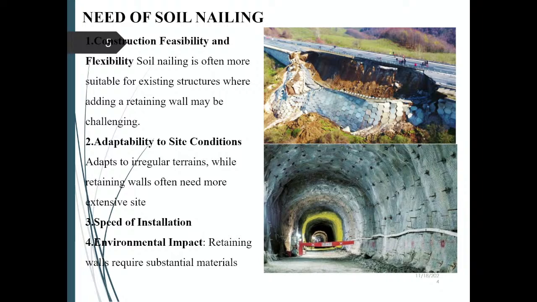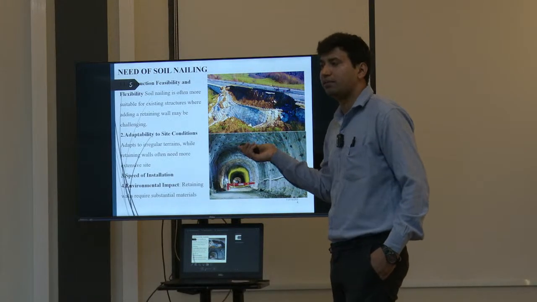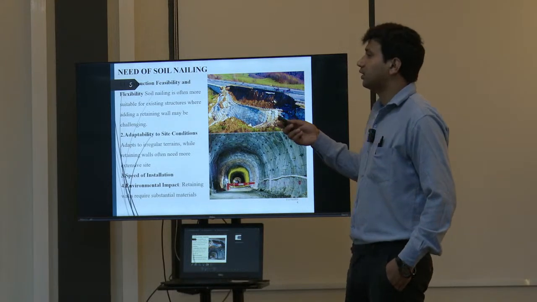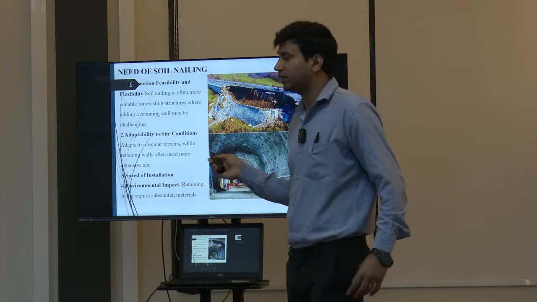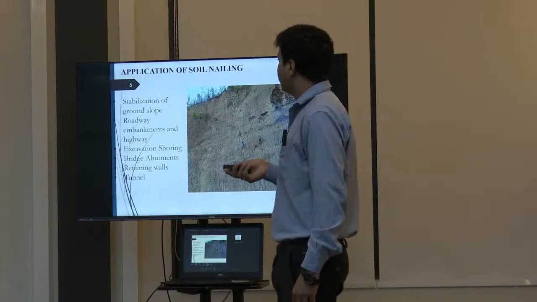Also, for the surface at the top level, we can easily reinforce the soil mass without changing the geometry. Using the soil nail, we can reinforce the soil mass without disturbing the soil condition. So that's the need for soil nails.